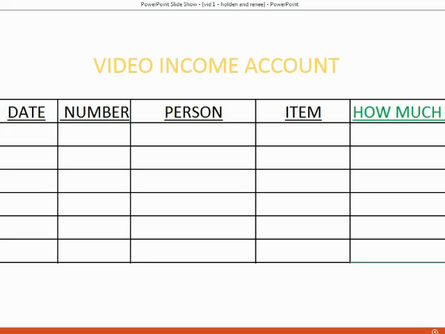For example, let's imagine on January 15th, Holden made invoice number 22 for a person named Joe Schmo. The item of service that he gave was videoing the wedding, and he charged Joe Schmo $5,000. This is the way that transaction would look if he recorded it in his video income account.